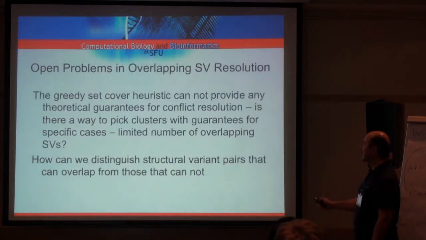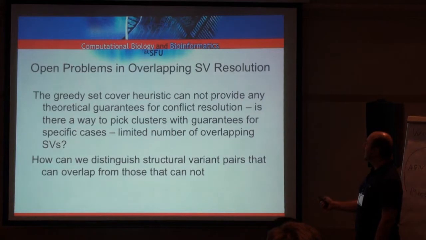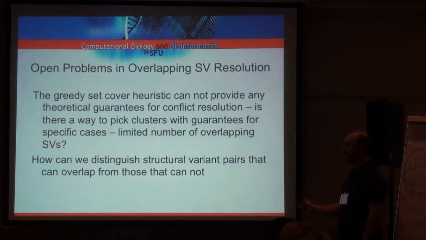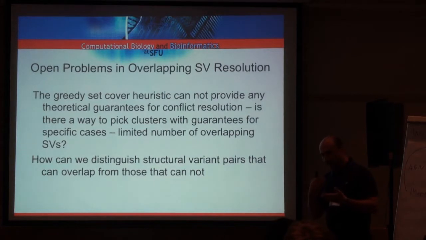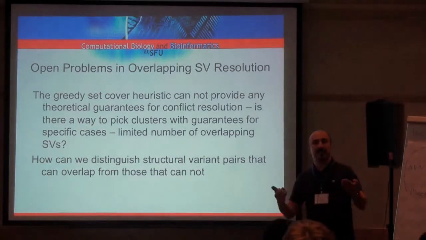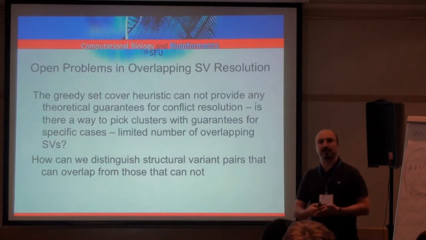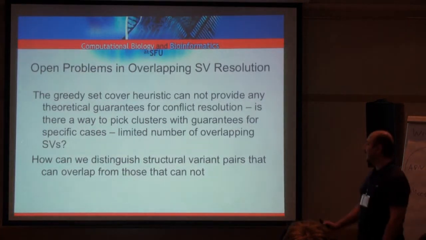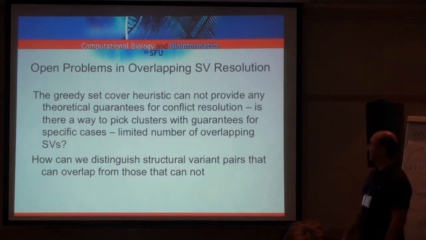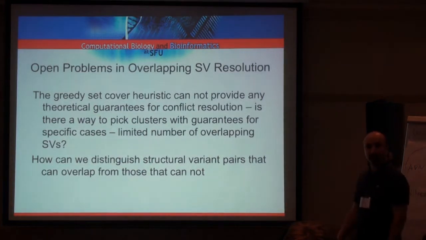However, as I'm going to show, there may be opportunities for certain cases in which, say, there are at most 2 conflicts possible, 2 structural variations overlapping. For that specific case, limited number of overlapping SVs, we don't know what can be achieved.